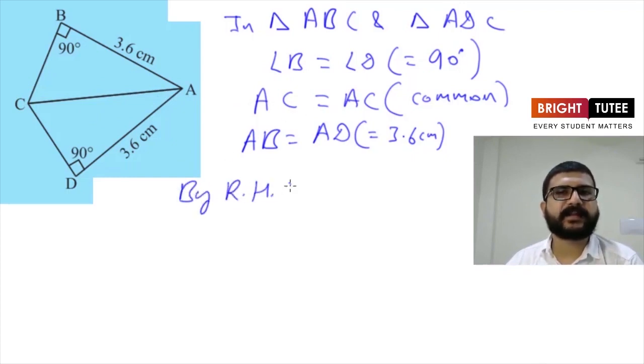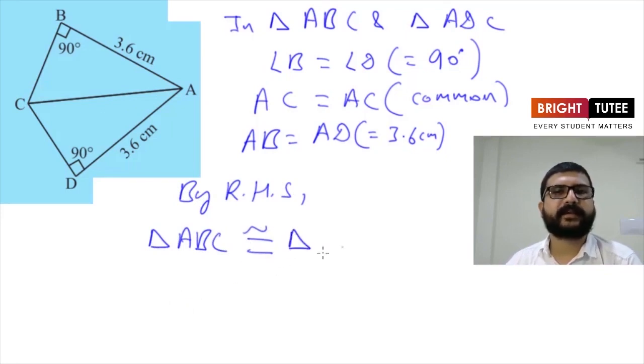So we can say by the RHS congruency rule, triangle ABC is congruent to triangle. Now again we have to write the order of vertices very carefully. Here we have angle B equal to angle D, so vertex B corresponds to vertex D. B is written in the middle, so we are going to write D also in the middle here. And then we have AB equal to AD.